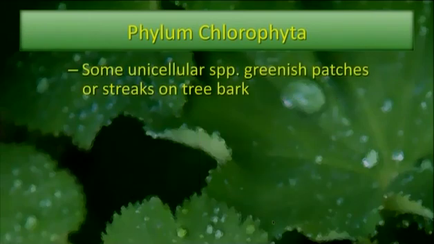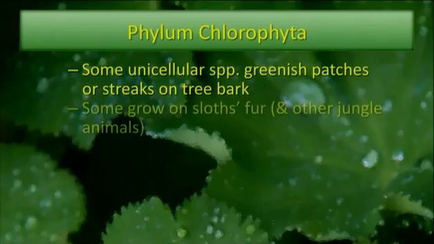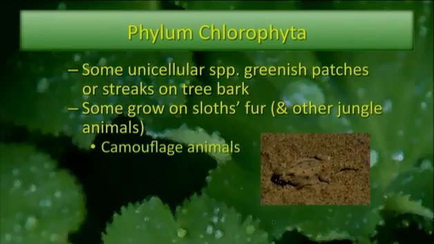There are some unicellular species that make greenish patches or streaks on tree bark. Some grow on sloth's fur. You know, the sloth is a very slow-moving animal. There are some unicellular green algae that also grow on other jungle animals. They help to camouflage them.